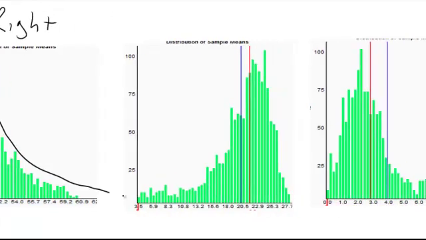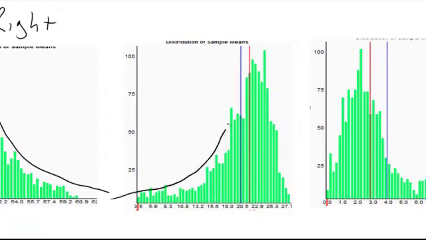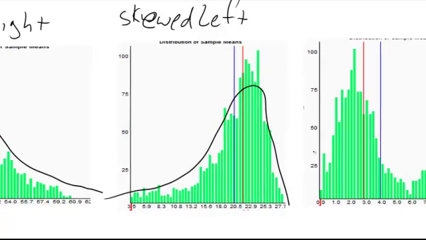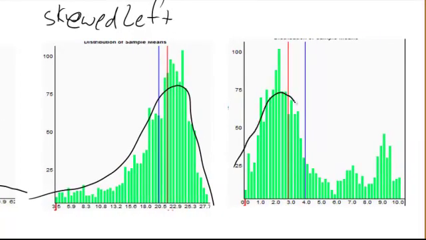My next graph comes up. This is called skewed left. My tail is pointing to the left. And my last one, put a blanket over it. It's multimodal, and that's okay. It's still skewed to the right.